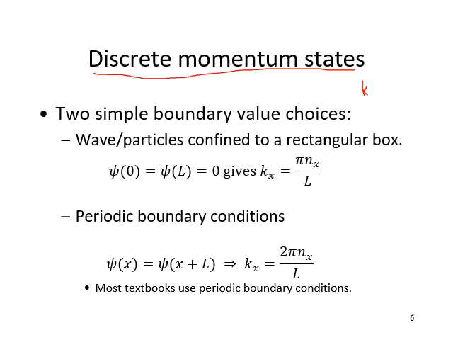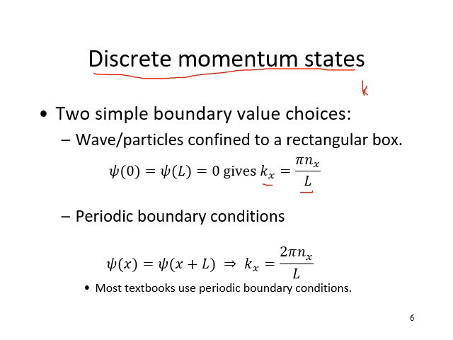As I chose on the previous slide, I chose a boundary condition in which the amplitude of the particle goes to 0 at the boundaries. And in that case, we get the allowed wave vector equal to pi times n sub x over L.